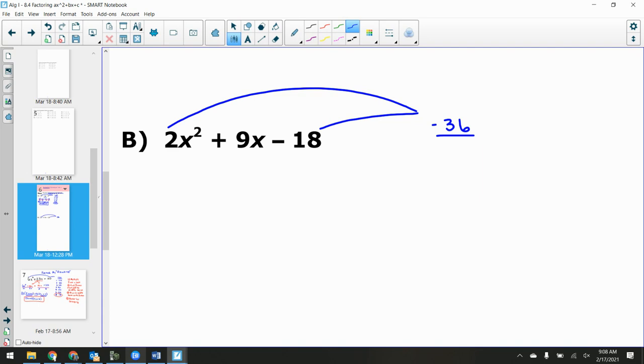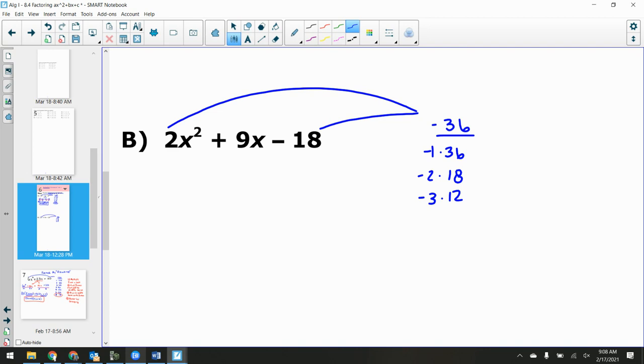Can anybody think of it right away? Or should we make out our list? Let's do our list. So, negative 1 times 36, negative 2 times 18, negative 3 times 12. Bingo. There it is. Negative 3 times 12.